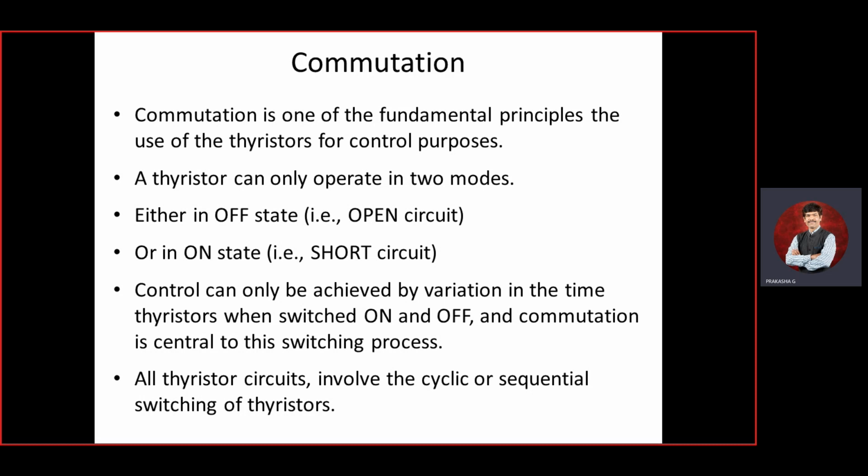But to control it, we apply commutation, so time on and time off will be there, and you have to change those time intervals. If you change them, then it will be easy for you to control your thyristor.